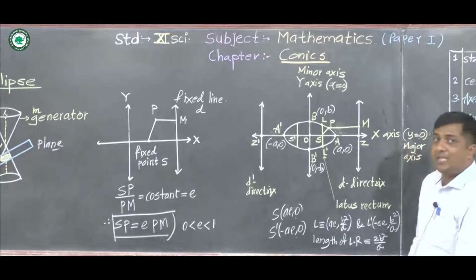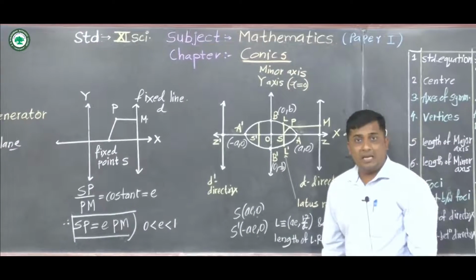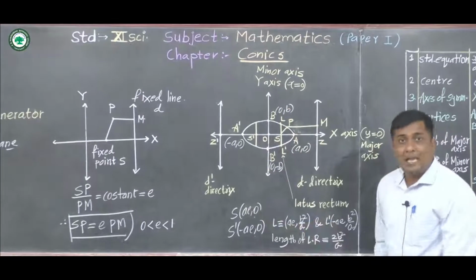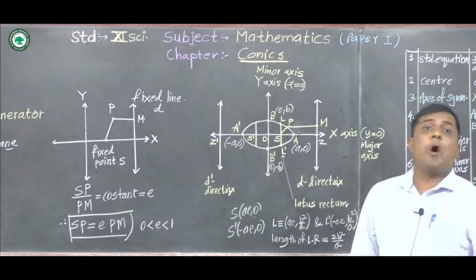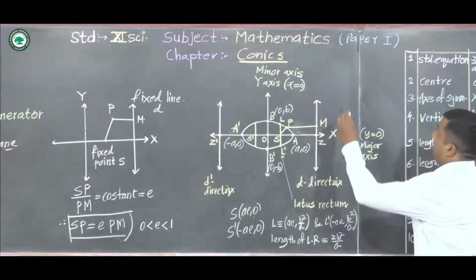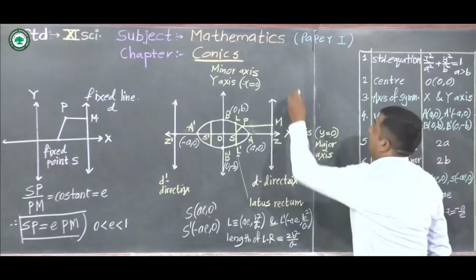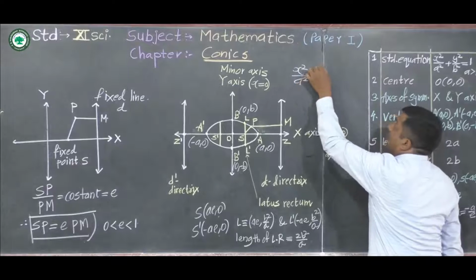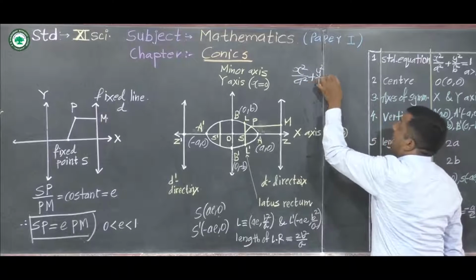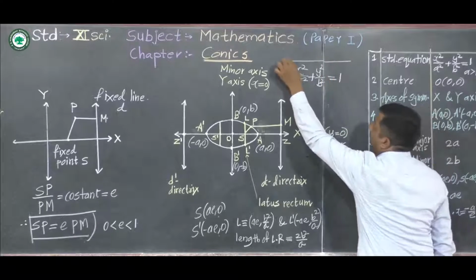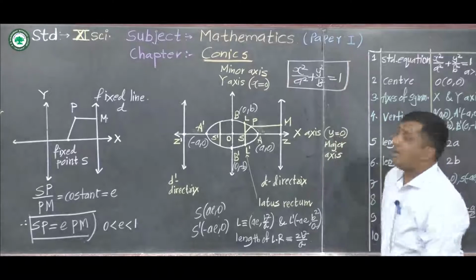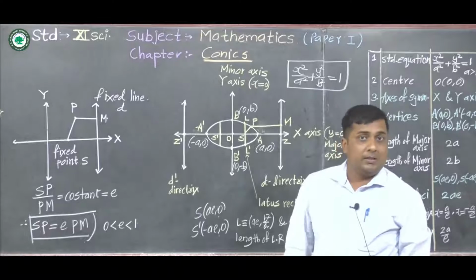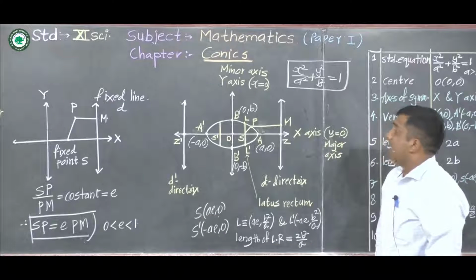So this is all about the ellipse, and for this type of ellipse our equation is x square upon a square plus y square upon b square is equal to 1. This is called the standard equation of the ellipse.